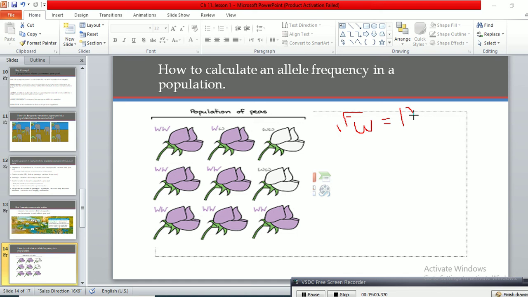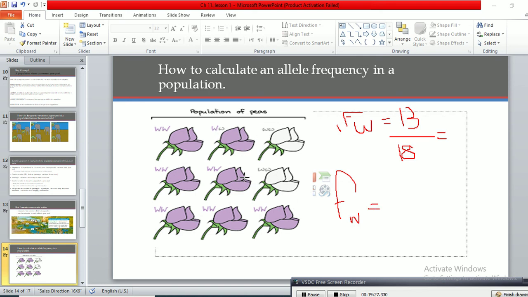Let's count 1, 2, 3, 4, 5, 6, 7, 8, 9, 10, 11, 12, 13. So it's 13 over the total. The total: 1, 2, 3, 4, 5, 6, 7, 8, 9, 10, 11, 12, 13, 14, 15, 16, 17, 18. You will calculate it and get the percentage.